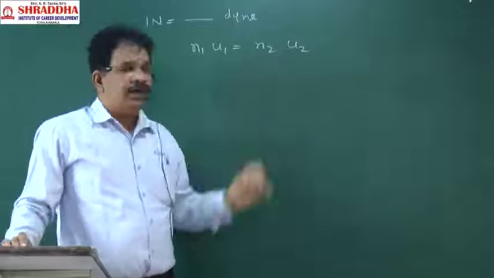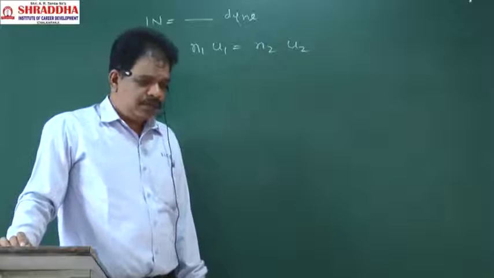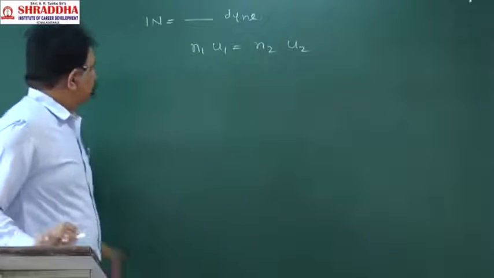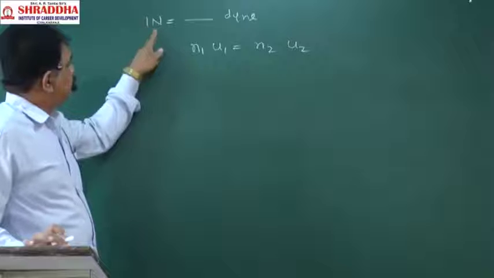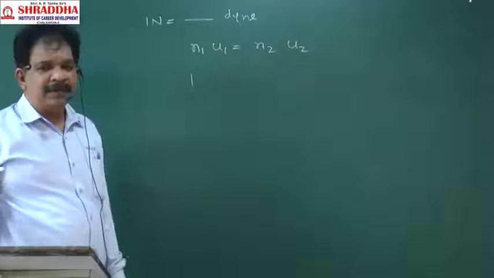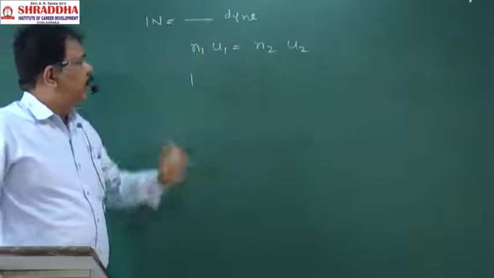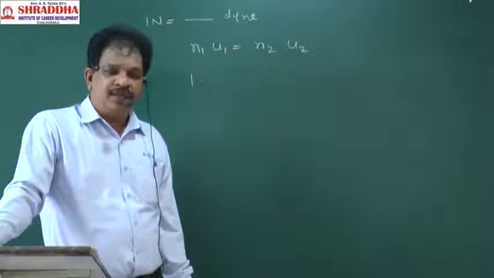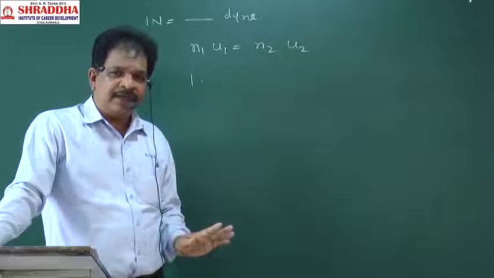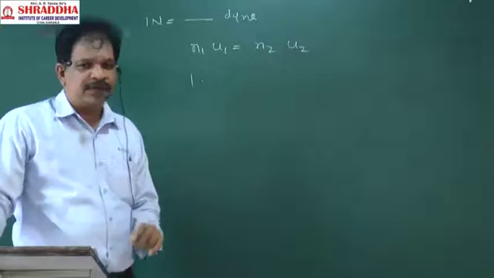So here N1 U1 is equal to N2 U2. Here 1 is there, write 1. For U1, write down the dimensional formulas. Newton and dyne are both units of force only. Newton is the SI unit, dyne is the CGS unit of force.